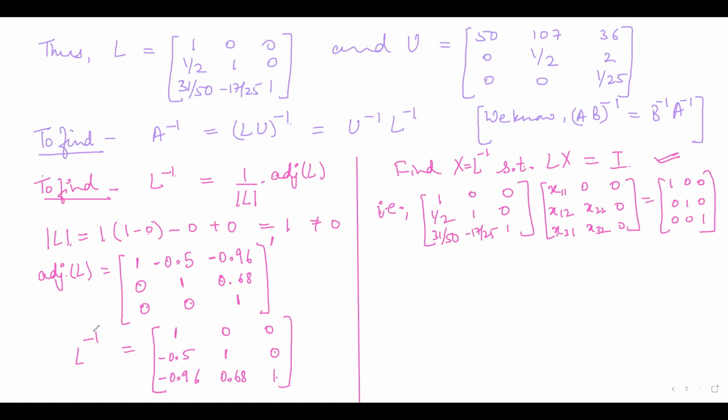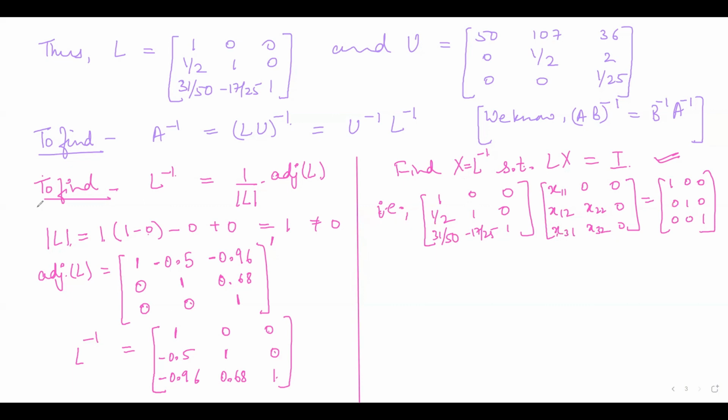So as you could see here, L inverse is getting, we are getting a lower triangular matrix. I'm so sorry. And similarly, X would also be a lower triangular matrix that we need to find out. Now, what you need to do, you just need to multiply these two matrices and equate it to the identity matrix, the elements of the identity matrix, and you will get the desired answer.